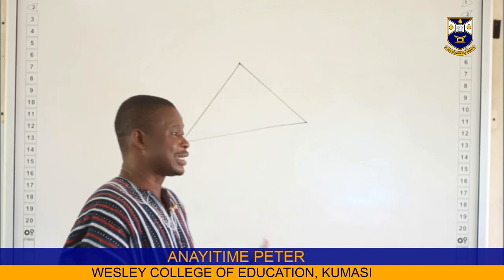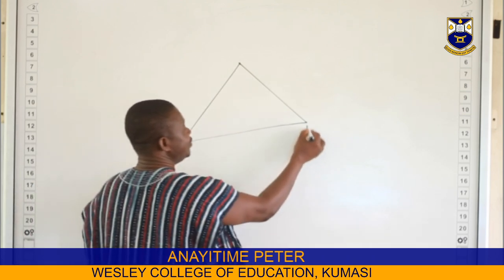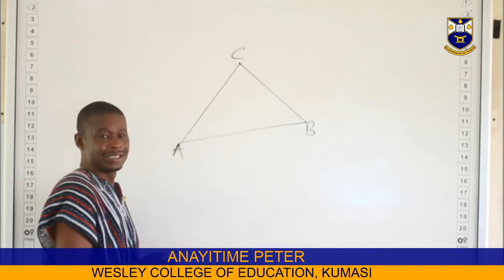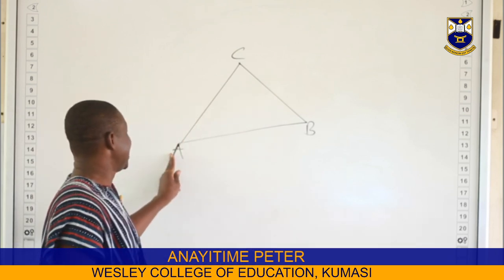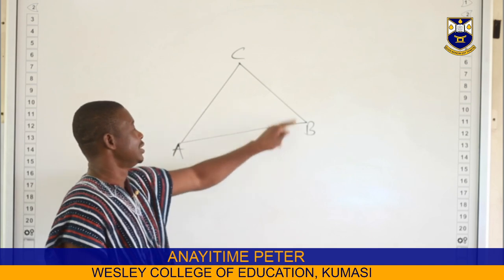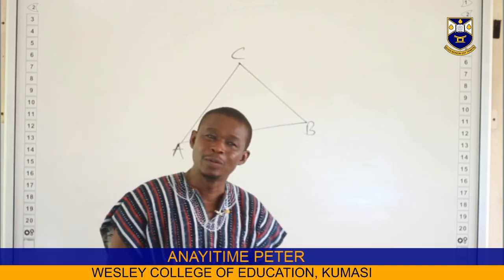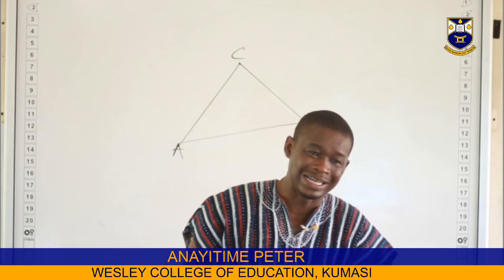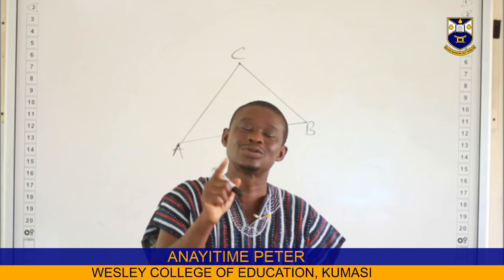So this triangle, let's name it A, B, and C. We can decide to bisect line segments AB, BC, and AC. In fact, when you bisect all the 3 sides, all the bisectors will pass through one center.